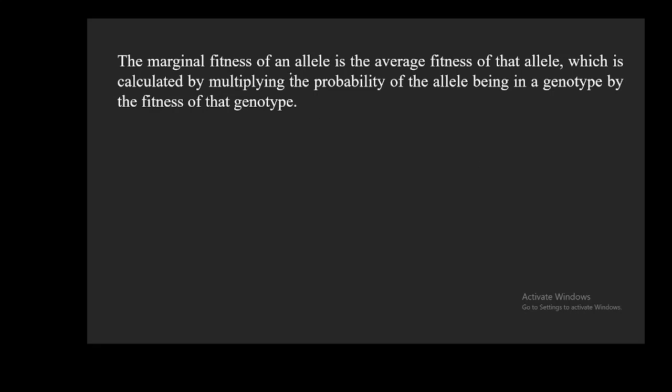And then there is marginal fitness, which you get by multiplying the probability of the allele being in the genotype by the fitness of that genotype. That is the marginal fitness: how fit that genotype is and what is the probability that the allele is going to be there in the organism.